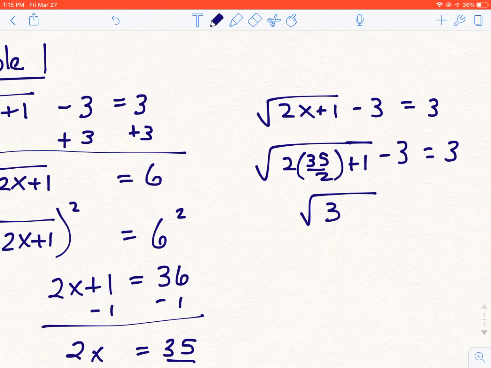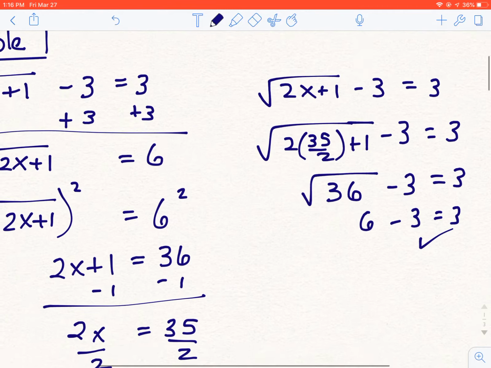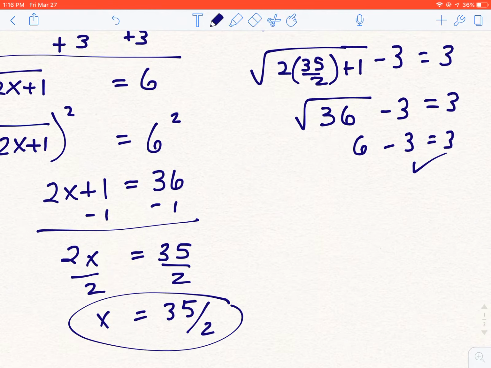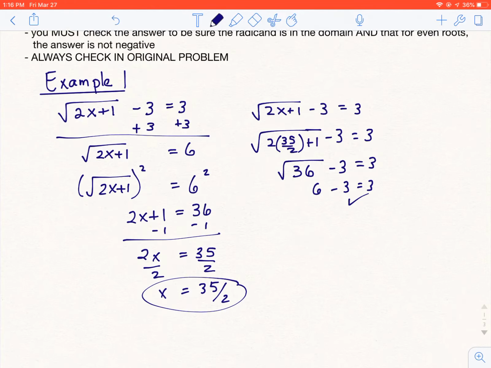So the square root of 36 minus 3, does that equal 3? Does 6 minus 3 equal 3? Yes, it does. So that's what I keep. I have to make sure that's all working, because sometimes we end up with extraneous roots, as we call them, because we're squaring things.